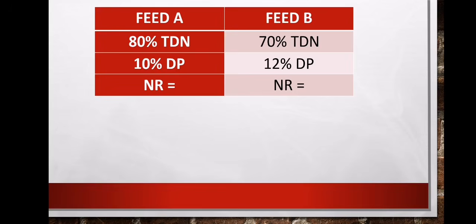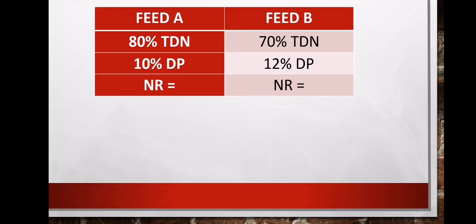Let's now try to practice using the formula. We are given this table, my people. Feed A has a TDN of 80% and a DP of 10%. Then we are requested to calculate the NR.